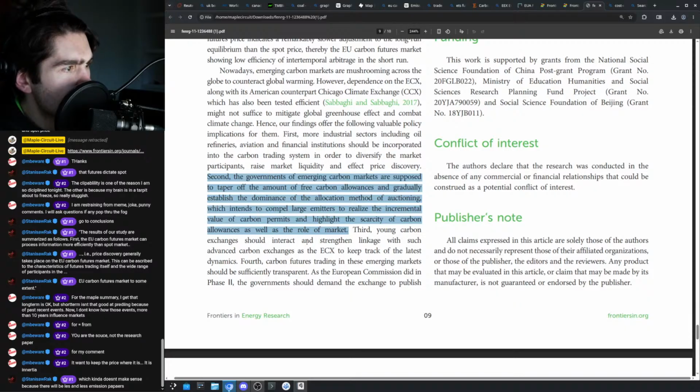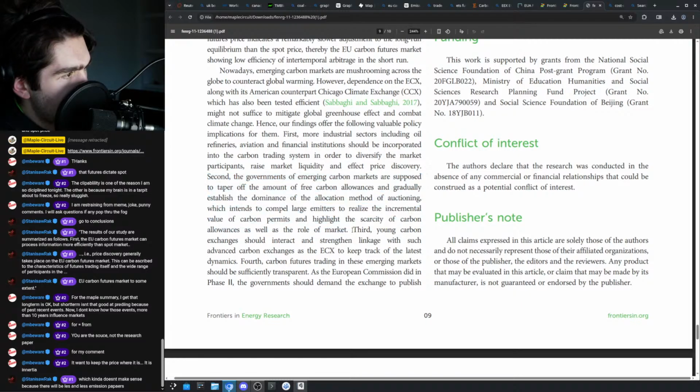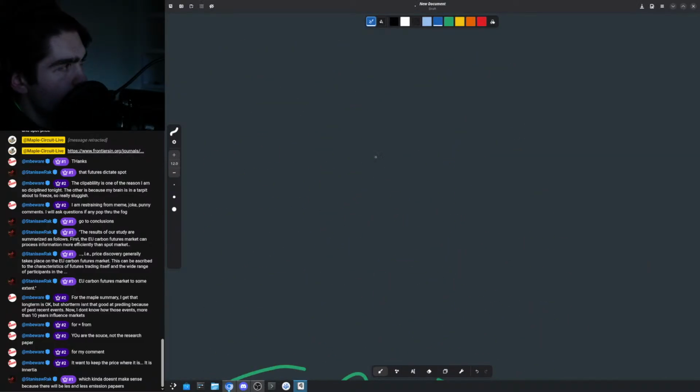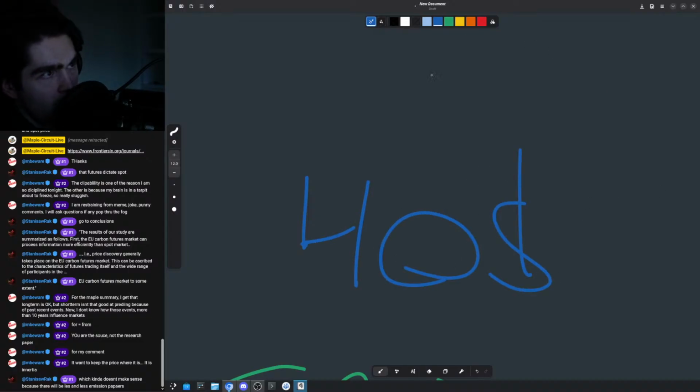Third, carbon exchanges in emerging markets should interact and strengthen the linkage with such advanced carbon exchange as the ECX to keep track of the latest dynamics. Okay, so I think the reason why they're saying this is because you wouldn't want some kind of crazy arbitrage to be possible between two carbon markets. So let's say that your ton of CO2 in one market is $40 and the other one is like $80.